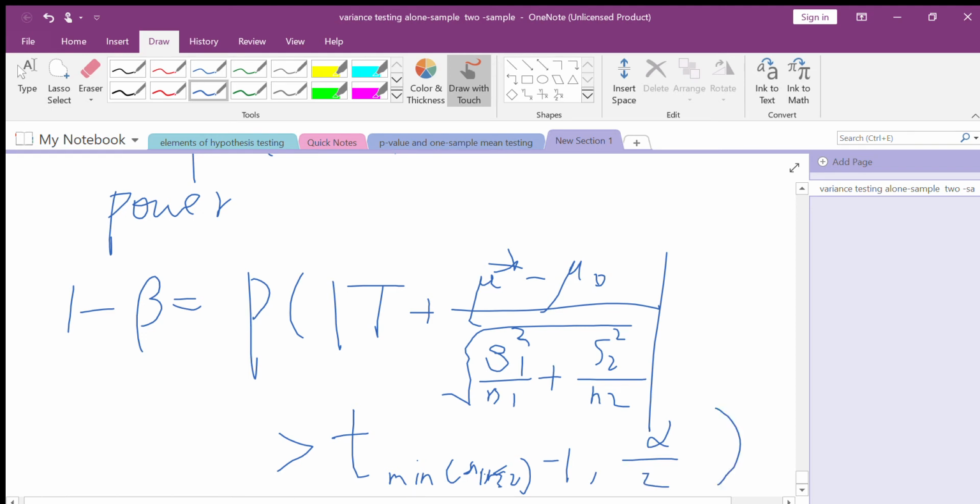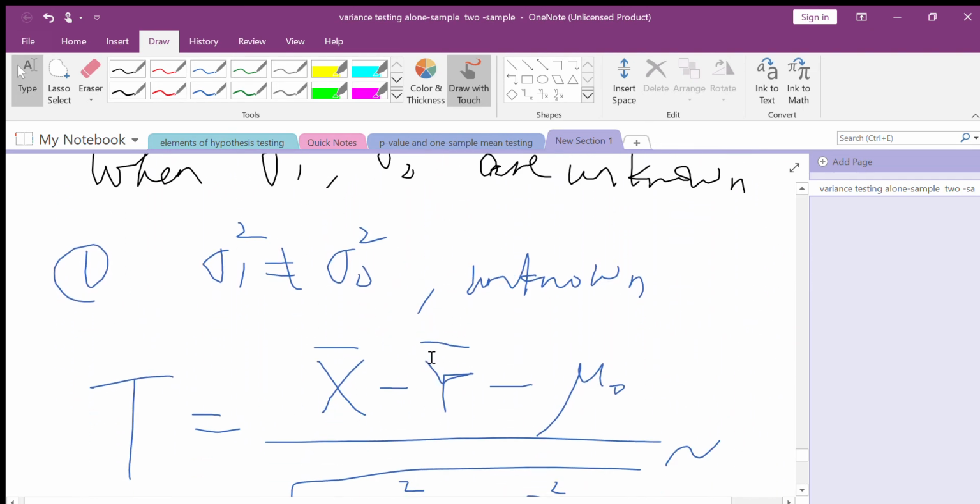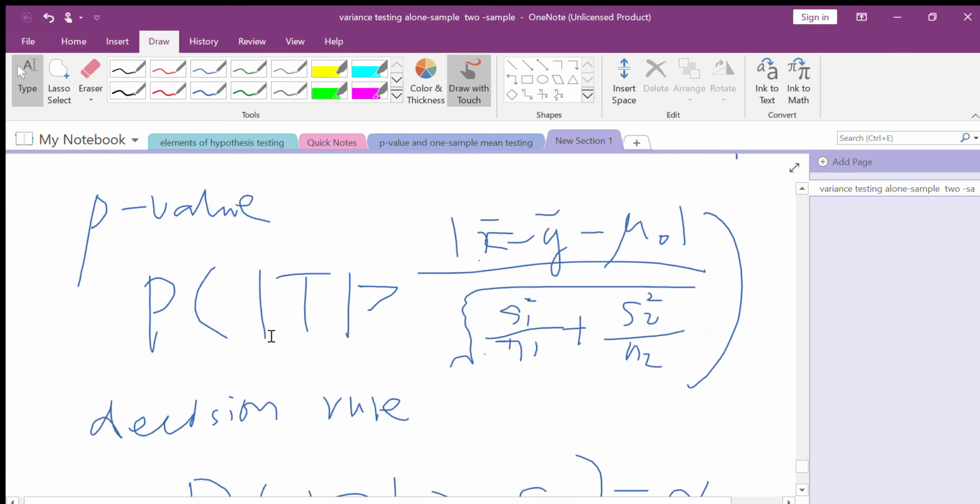So this is the power function for sigma1 squared and sigma2 squared unknown but unequal.